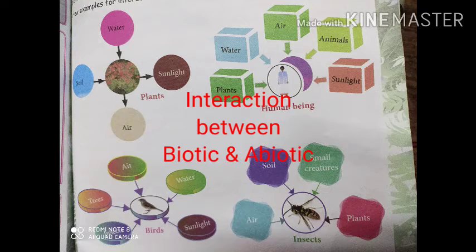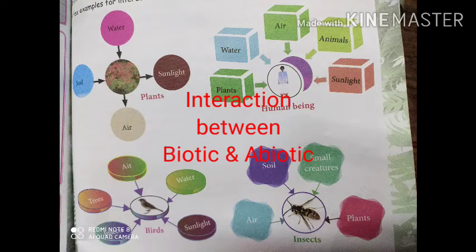And see, if you want plant to grow nicely, it needs all the abiotic factors like water, sunlight, soil and air. So these four are abiotic factors. So plant, a living thing, needs all the non-living things like water, sunlight, soil and air.